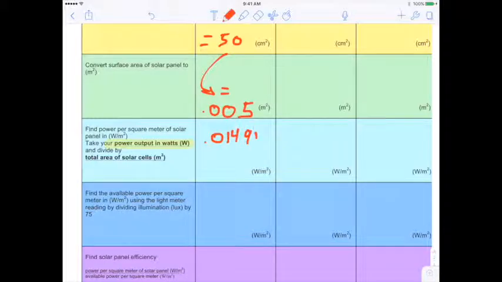All right, now I take that 0.0149 watts and divide by total area of solar cells in meters squared, which is right here. So I'm going to divide that by my 0.005 number.